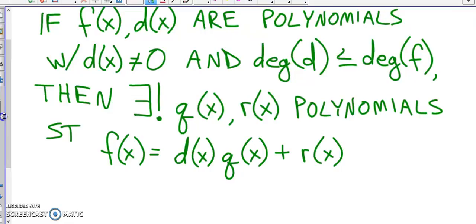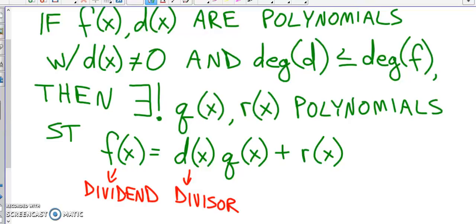Now, let's understand what this says. This guy right here is the dividend. That's the one you're dividing into. This is the divisor. This is the quotient.